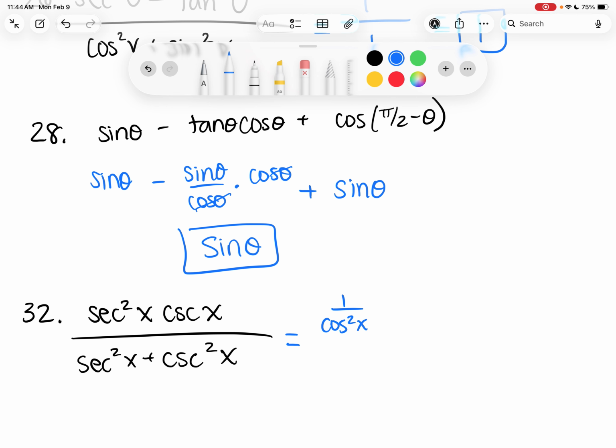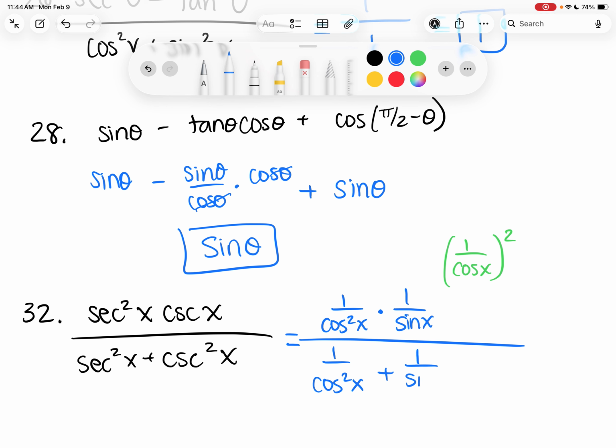Technically this is really 1 over cosine of x all squared, but 1 squared is just 1, so I'm just putting it down underneath. So I have that times cosecant, which is 1 over sine, so I have 1 over cosine squared of x times 1 over sine of x, all over, rewriting the bottom the same way, 1 over cosine squared of x plus 1 over sine squared of x.